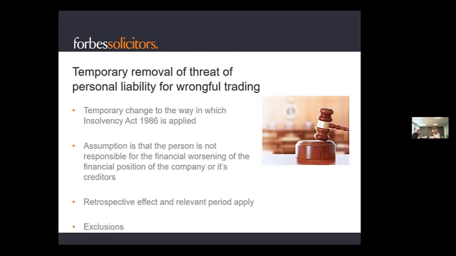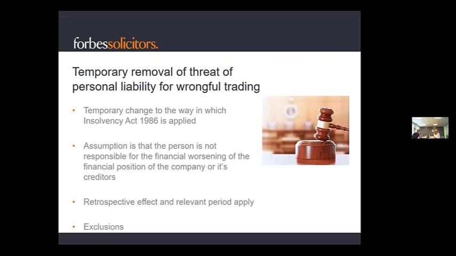What this is helping directors to do is deal with trading their businesses through uncertain times, and affords them some relief in doing so, as it removes the threat of personal liability.